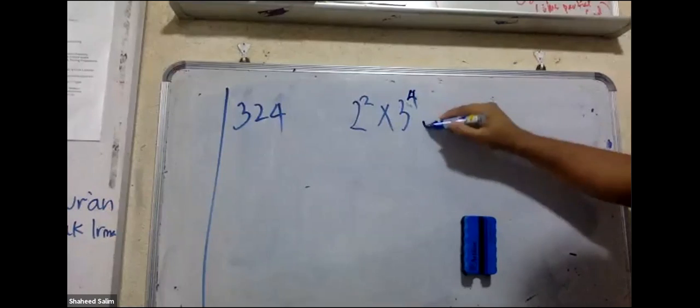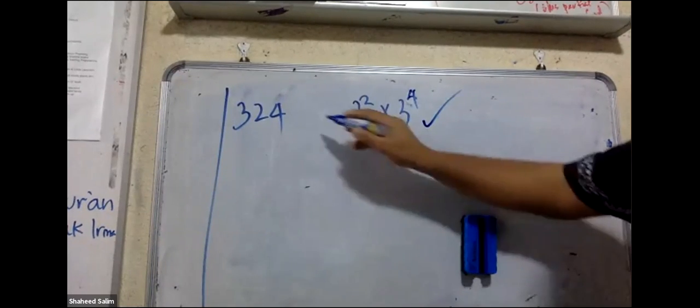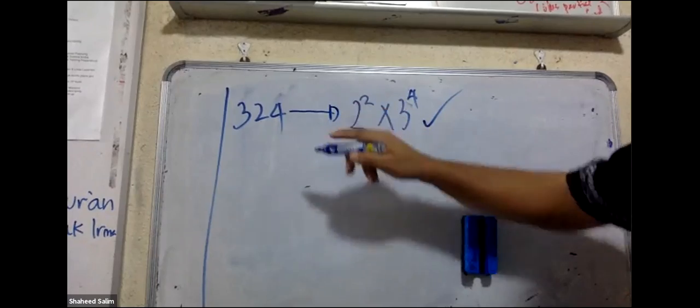Yes. Okay, this is correct. So this is the prime factorization of 324.